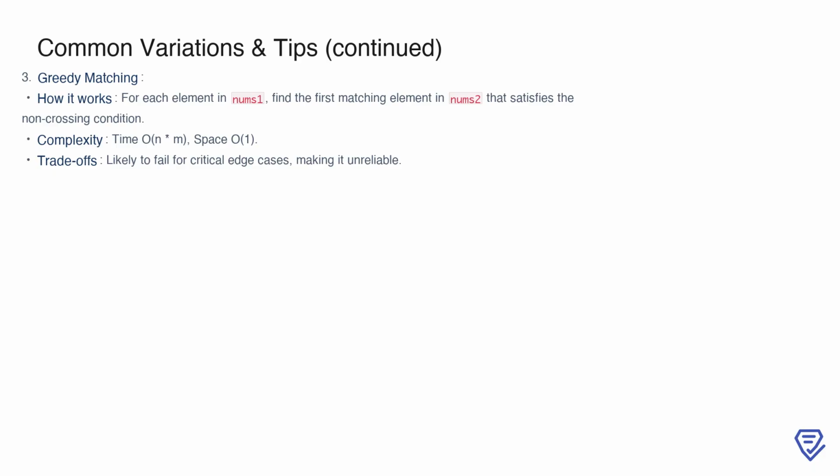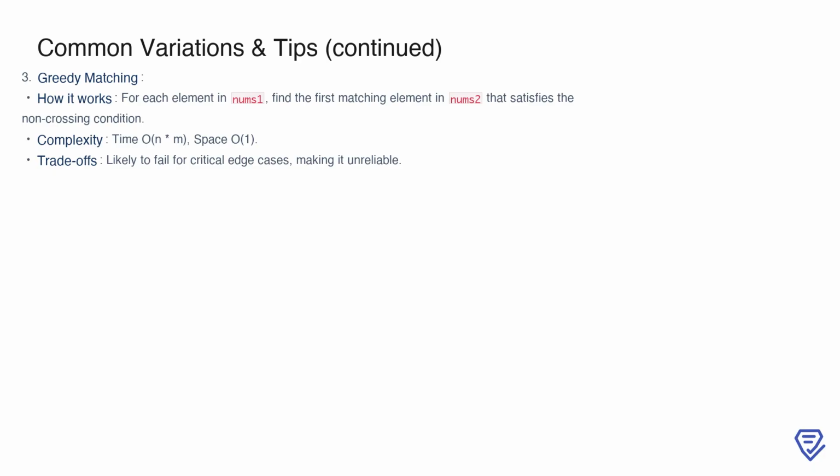While this method is simple and has a time complexity of O(n*m), with minimal space usage, it is prone to failure for critical edge cases. For example, it struggles with inputs that require multiple non-adjacent matches or where the order of elements plays a significant role. This unreliability makes greedy algorithms unsuitable for solving the uncrossed lines problem in most cases.